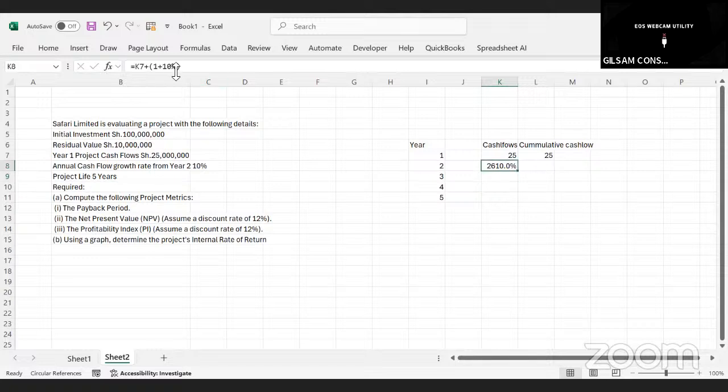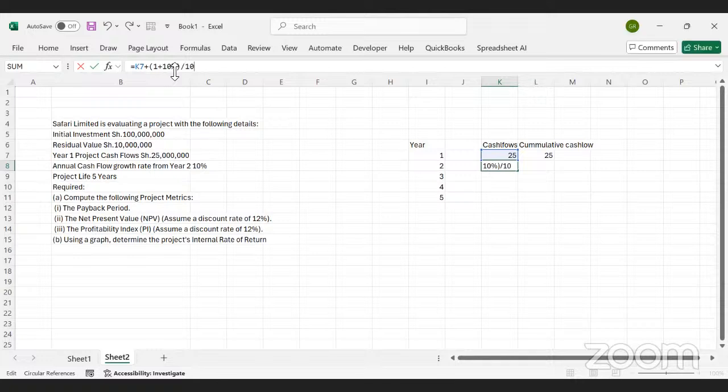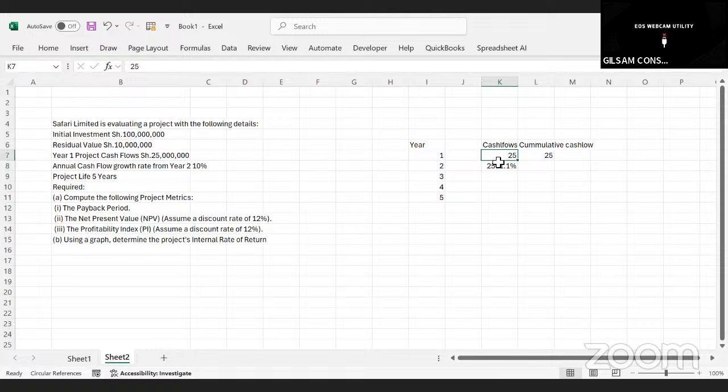This gives me, I have to divide by 100. Is it times or what? We need to increase this one by 10%, which will be this one times 1.1.